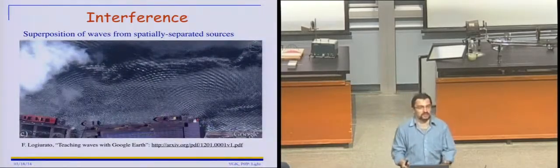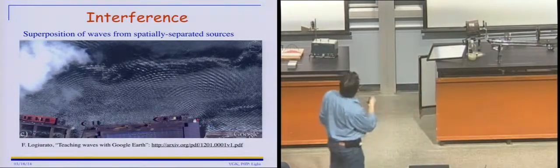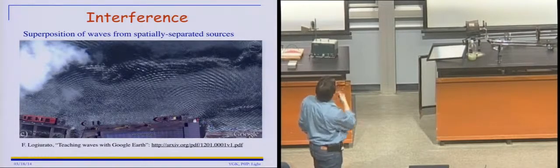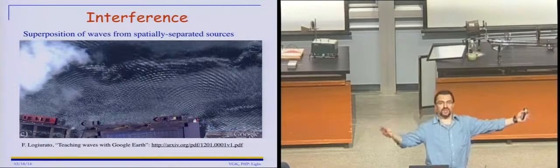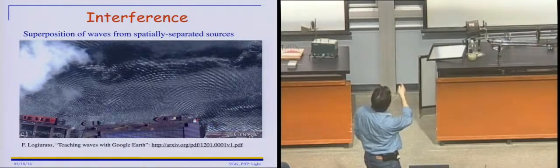Here's an example of interference that you can observe on the surface of the water. We talked about this last week, that sources on, say, 2 boats on the surface of the water can produce waves that radiate outwards from the boat, producing these circle-like patterns.